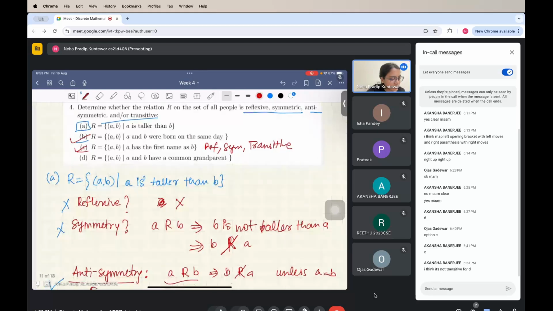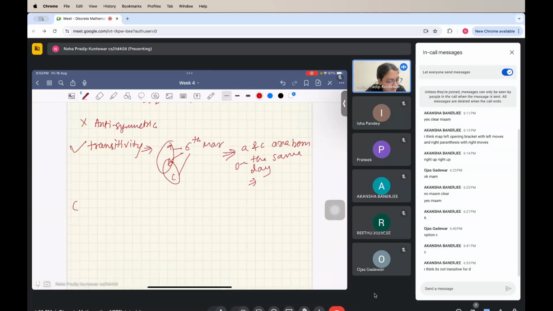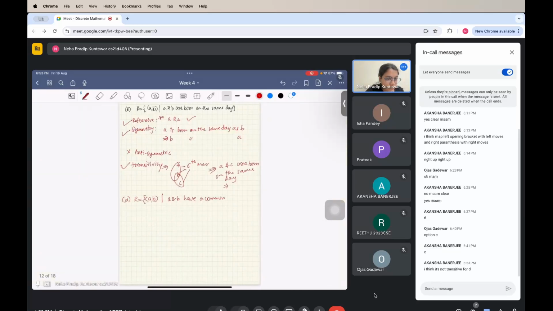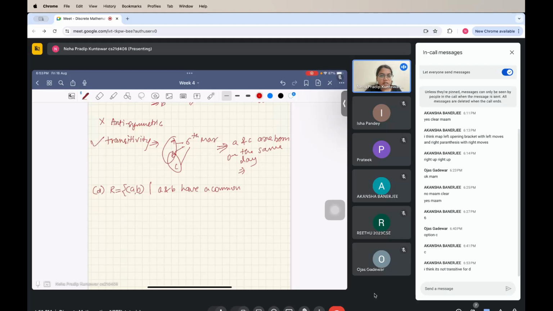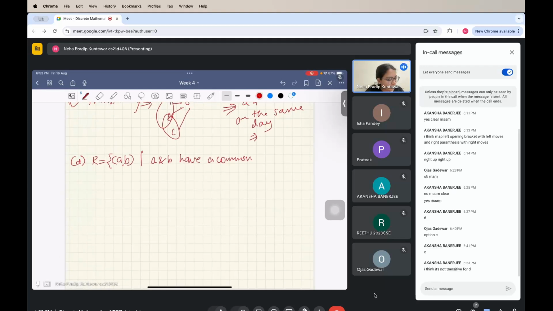Okay, so let's take a look at this. Say D is a relation of A and B if A and B have a common grandparent. Yeah, Akansha, you're right. So let's see this.